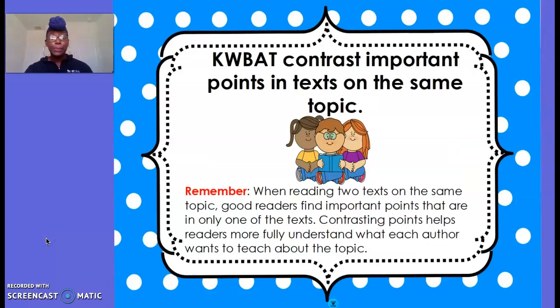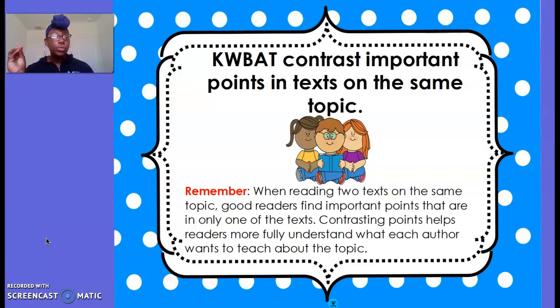Our objective for this week is Kipsters will be able to contrast important points in text on the same topic. Now, I want you guys to really pay attention to the word contrast, because contrast means to see what is different. And I want you guys to remember, when reading two texts on the same topic, good readers find important points that are in only one of the texts.